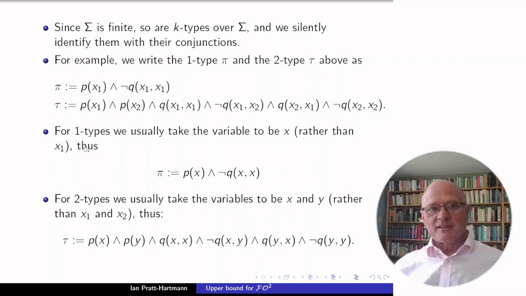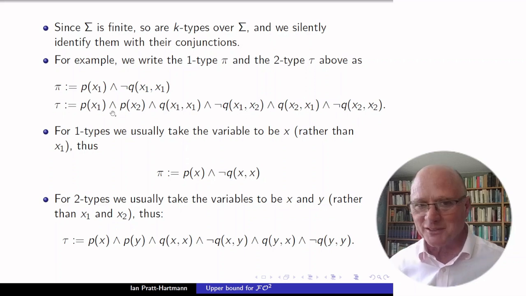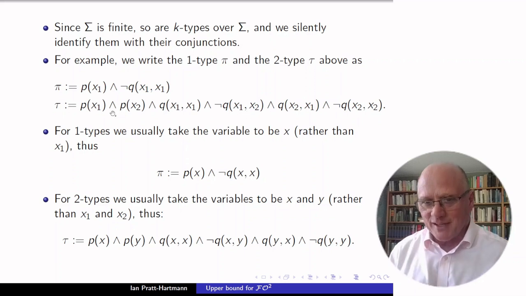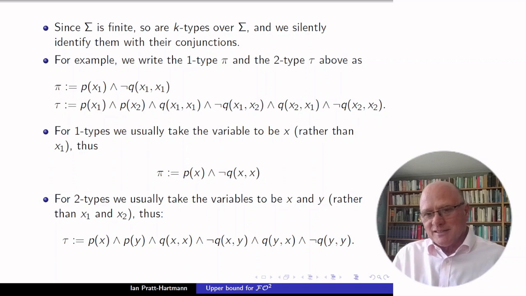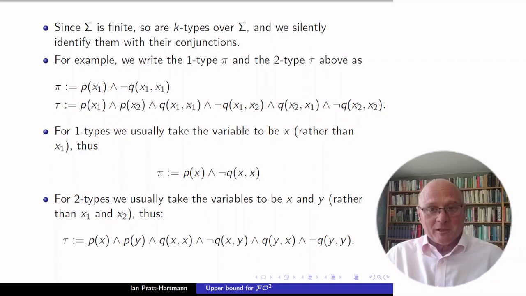For example, the one-type consisting of the literals p1 and not q x1 x1 can be identified with this conjunction here, and the two-type consisting of this collection of literals here can be identified with its conjunction in the usual way. Since k-types are finite, and they will be if the signature is finite, we can just think of them as single formulas.